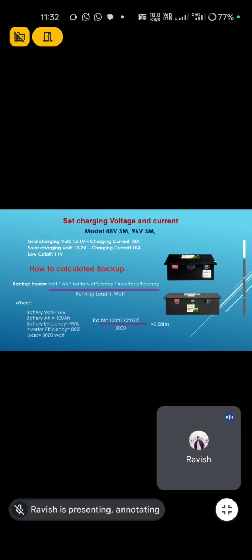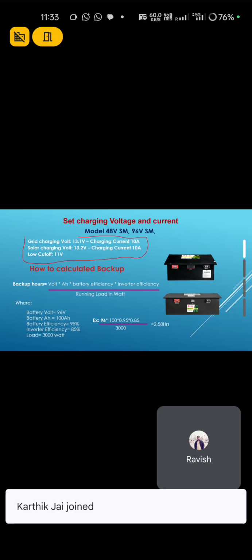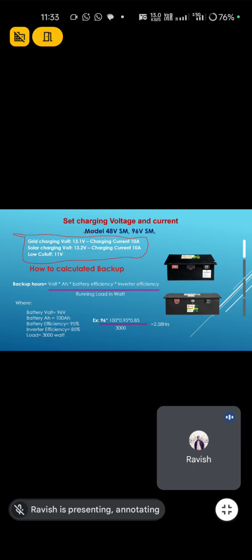You have to set these charging voltage and current in your system for this battery. And how to calculate the backup? If you have the 96 volt 100 Ah battery and the running load is 3000 watts, then your battery will give a backup of 2.58 hours.